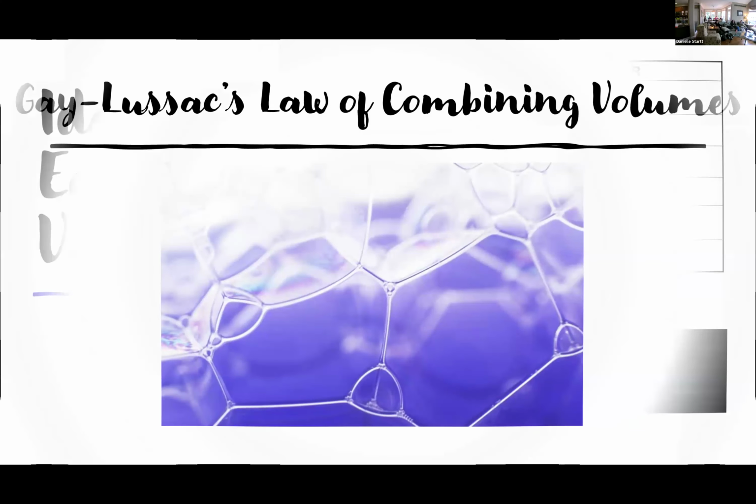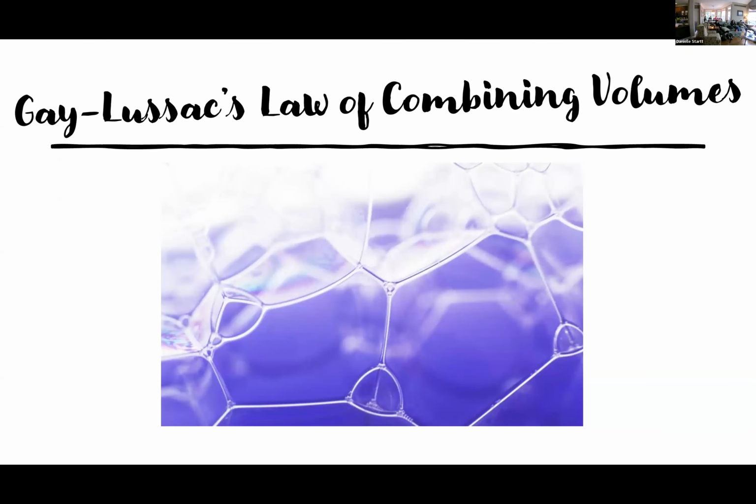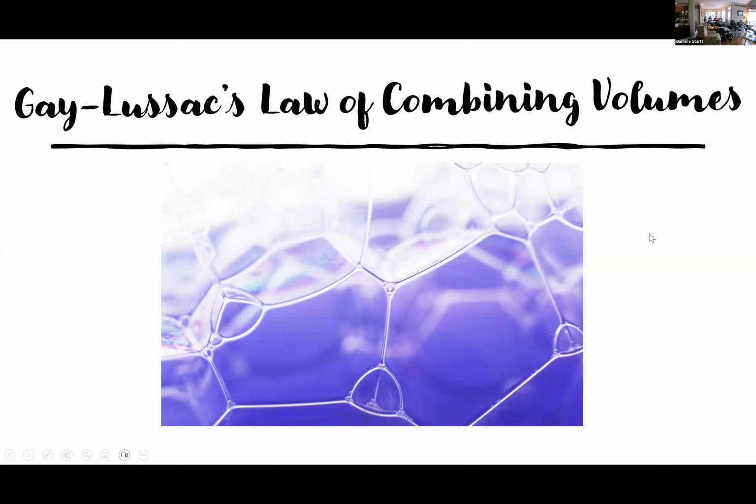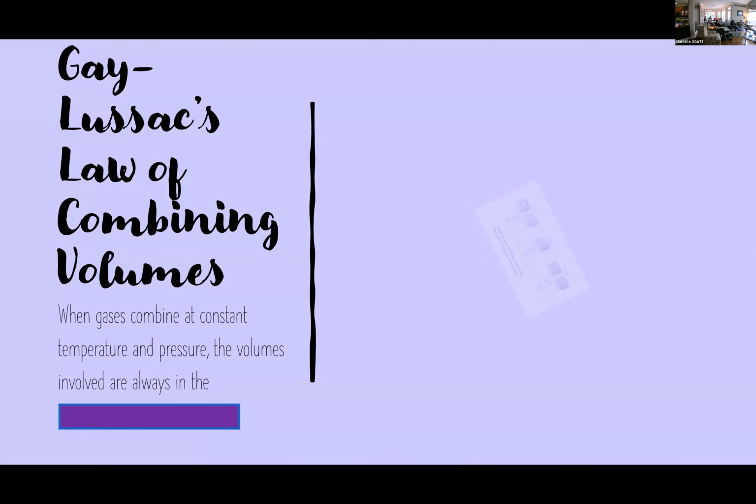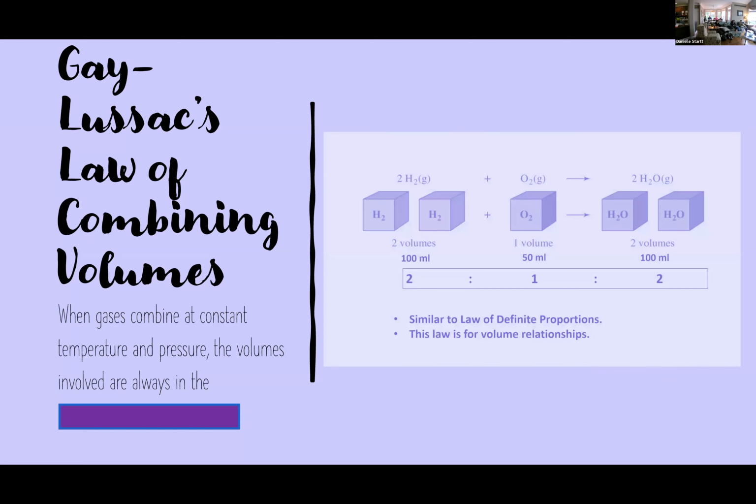Now, we have another law from our buddy Gay-Lussac, and this one is combining volumes. This is the only one we didn't demonstrate in lab today because it's kind of hard to demonstrate. It's more of an easy concept to just understand. When gases combine at constant temperature and pressure, the volumes involved are always in a simple ratio of whole numbers.